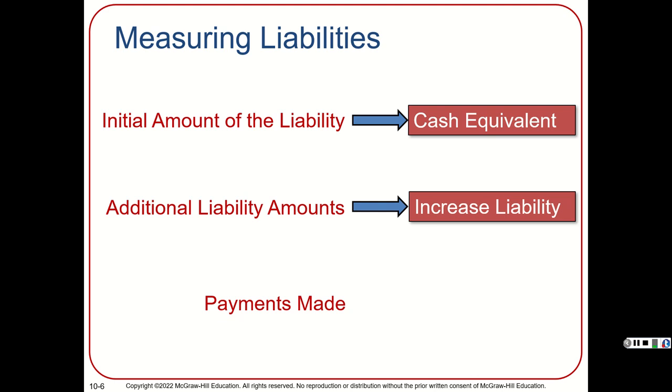The second factor is how to handle any additional amounts owed to the creditor. The company increases liabilities whenever additional obligations arise. For example, your water bill, your landscaping bill.